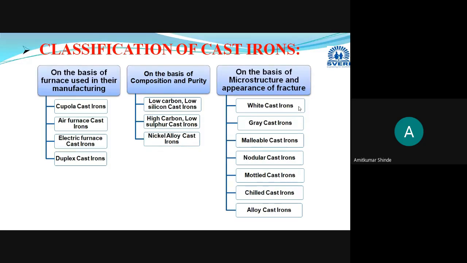Then the next type is malleable cast iron. In the malleable cast iron, as we have discussed in the gray cast iron, free carbon will be there.